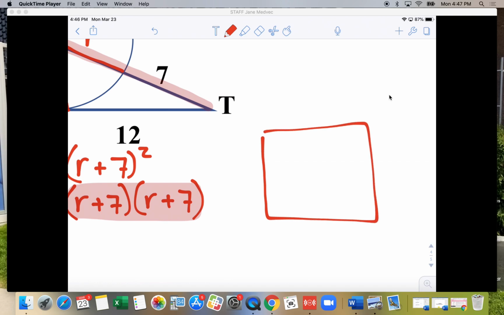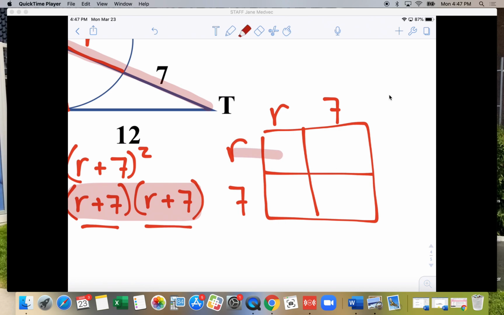It's a 2 by 2. So I'm going to go R and a 7 here. That's the first one. And an R plus 7 here. That's the second one. If I go R times R, I get R squared. R times 7 is 7R. And 7 times R is 7R.